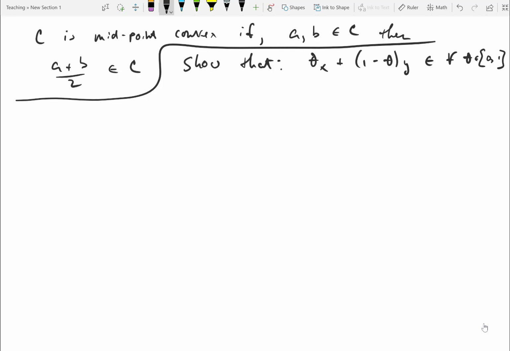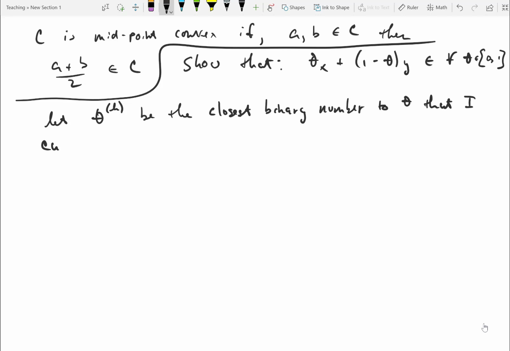And the way that we're going to do this is we're going to let theta superscript k be the closest binary number to theta that I can get using k bits. The reason for this will be revealed in a minute.